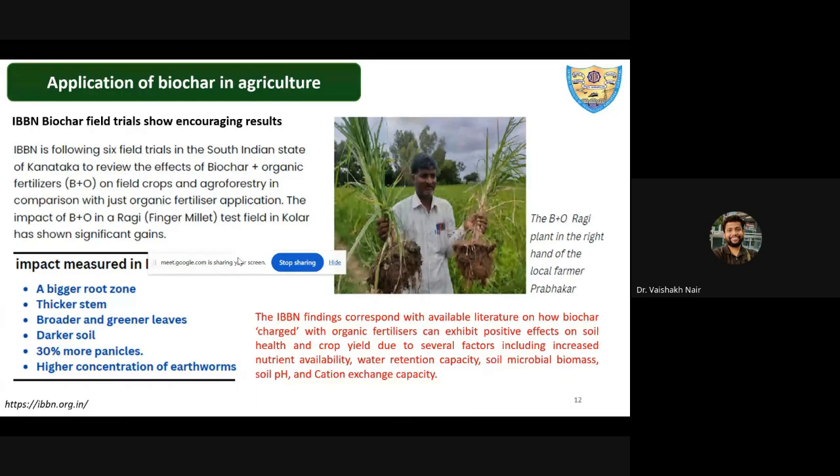That is what it states. And there was a higher concentration of earthworms. So indirectly it is enhancing, somewhat like vermicomposting. It's not vermicomposted, but you can see the role of earthworms coming in here. Okay, and coming to the next slide.